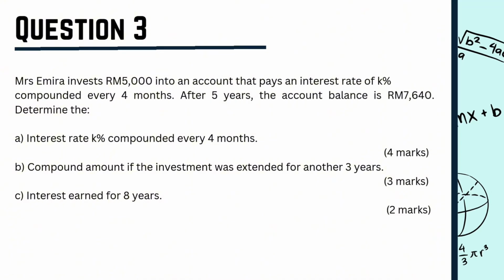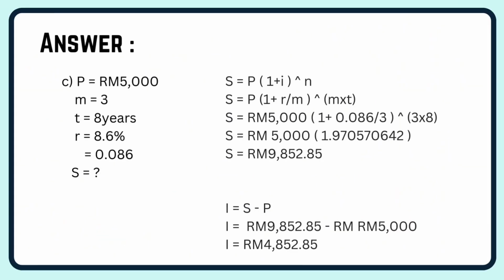The last one for this question is C, interest earned for 8 years. So we need to find the interest, which is I. First of all, we need to know the keyword, which is P 5,000, M equals 3, T equals 8, and R equals 8.6%, and we need to find the S. So S equals P bracket 1 plus i and the power of n, and then for S, we got the final answer is 9,852.85 cents.